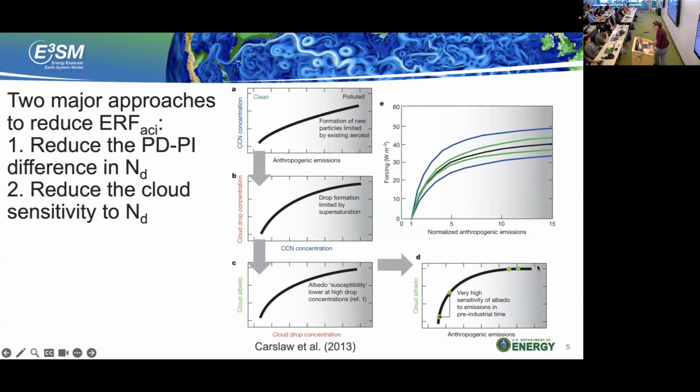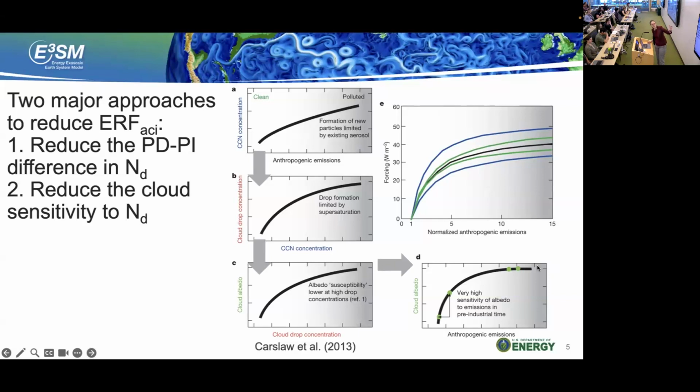And so this diagram here is showing a schematic of the processes by which aerosol impacts clouds, which explains why this PD-PI difference is so important. So in the upper left, you see that anthropogenic emissions, which include both direct emissions of aerosols and precursor gases, cause an increase in cloud condensation nuclei.